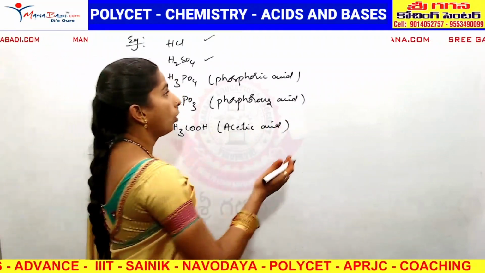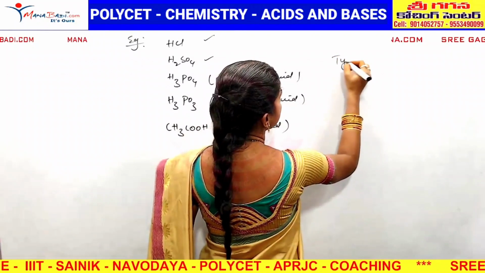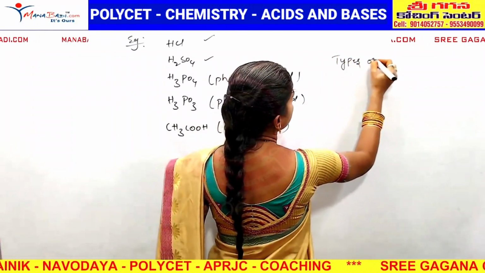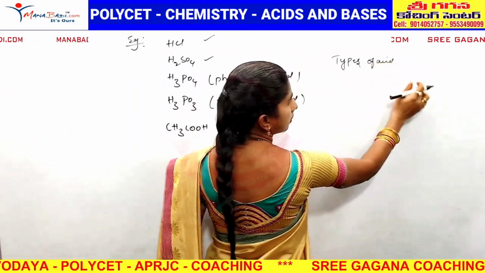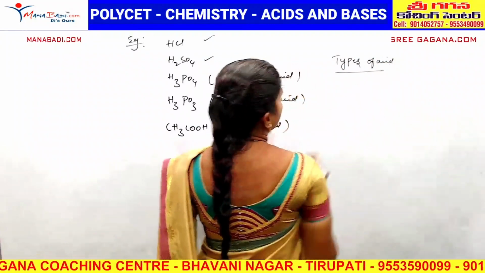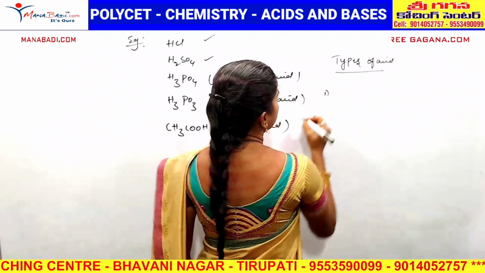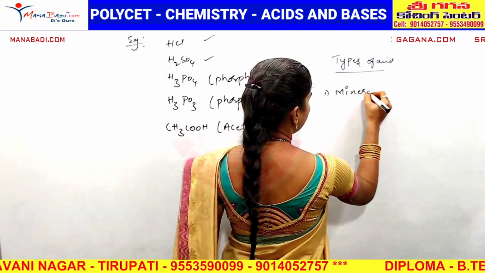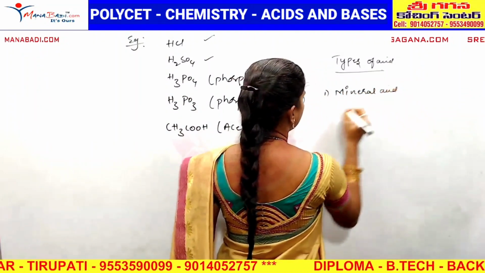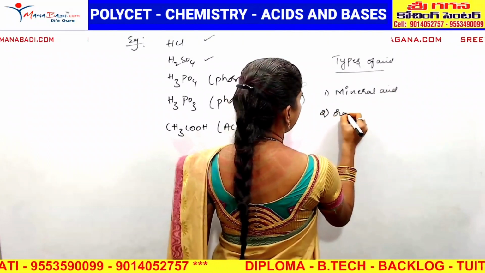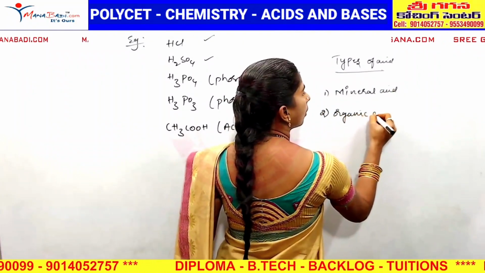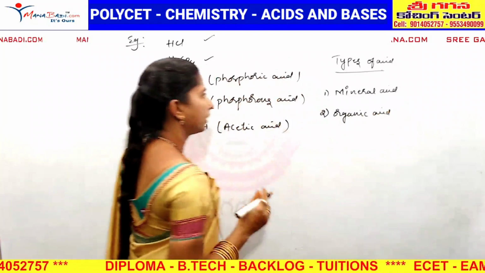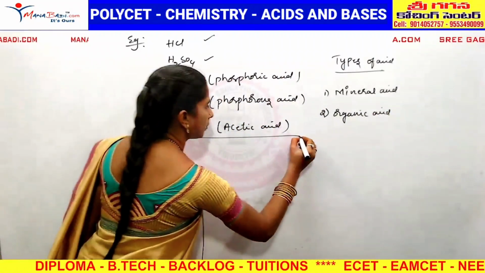After that, how many types of acids are there? Types of acids. Number 1, mineral acids. Number 2, organic acids. What is meant by mineral acid?